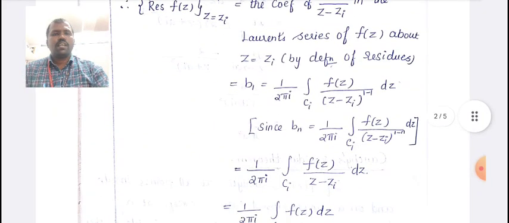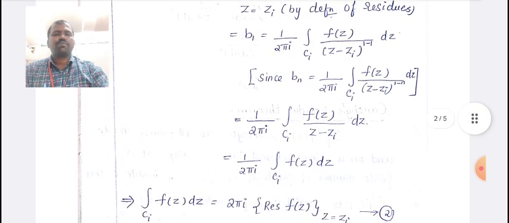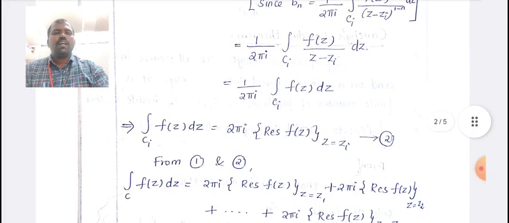Therefore, this is called b1; next, bn equals 1 by 2 pi i integral over ci f of z divided by z minus zi to the power 1 minus n dz, which is 1 by 2 pi i times integral over ci f of z dz.